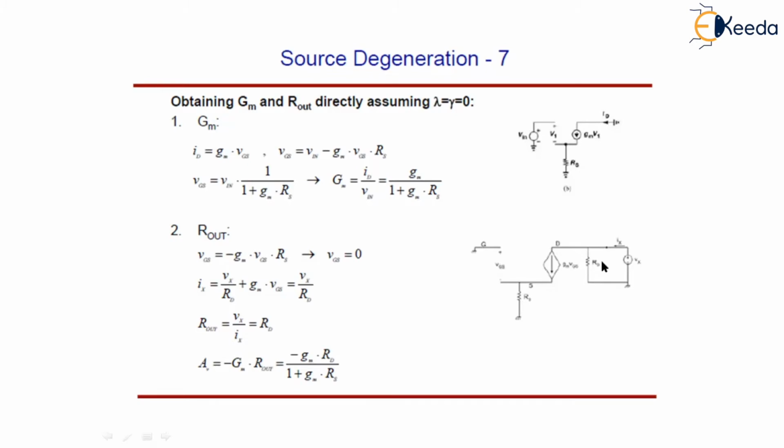And Ix, the current in this particular node, can be given as the voltage across this, Vx upon Rd, plus the current in this node, that is Gm VGS. We already know that this VGS is 0, so substituting VGS as 0, Ix is Vx upon Rd.